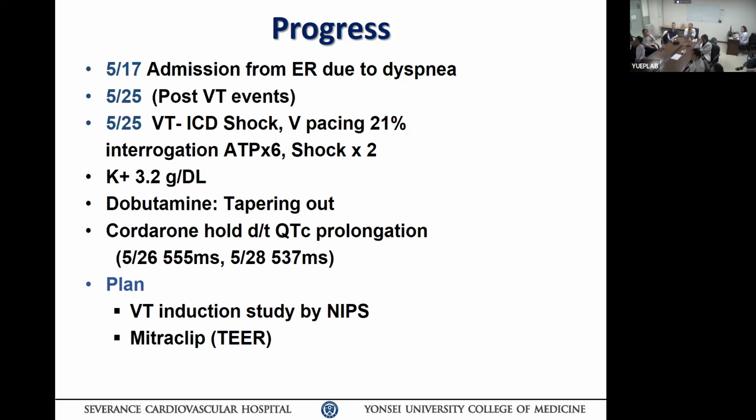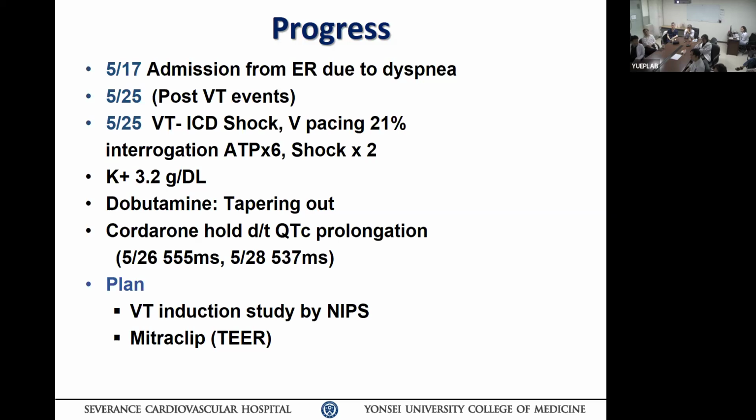But I don't know whether you need to, because she's not pacing much. I'm not actually sure. I'm concerned she got appropriate ICD therapy more than 8 times. Here, probably the worsening of heart failure contributes.